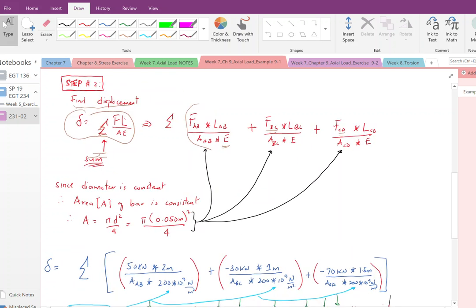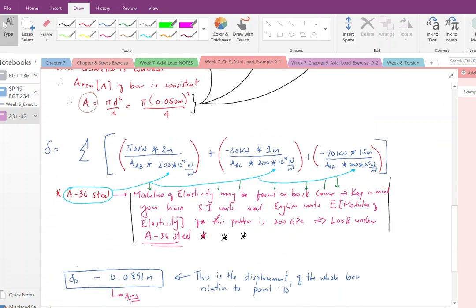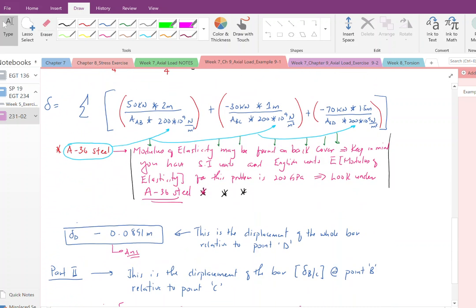Since the bar has a uniform diameter, the area stays the same. And once you do the math, this E right here is in the back of your textbook under A36 steel. Make sure you look under the SI units.